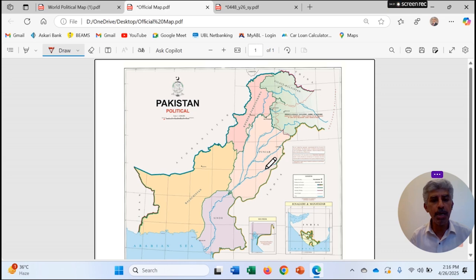So if we talk about Pakistan and its neighboring countries, towards east there is India, towards west it is Afghanistan, and towards southwest it's Iran. So again, find out that below this edge there is Iran, and above this one it is Afghanistan, right?